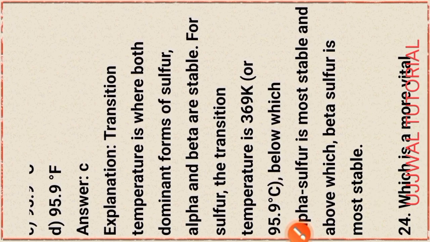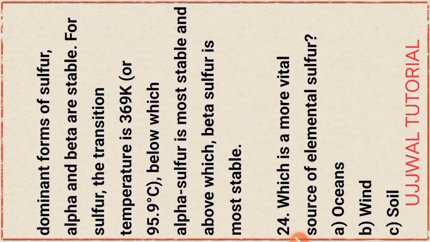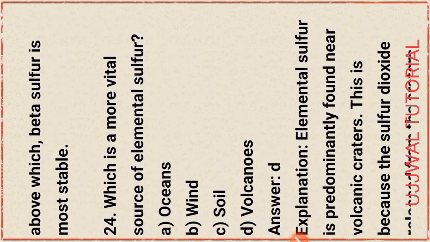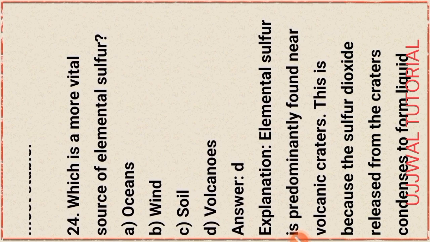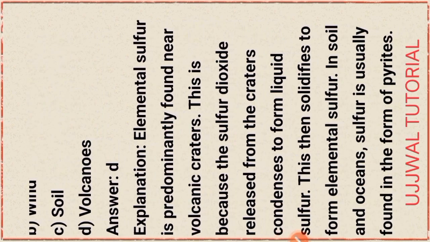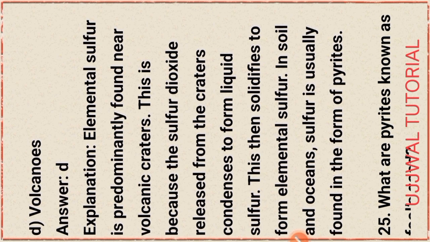Next, another question based on sulfur, question number 24. Which is the more vital source of elemental sulfur? Option D, volcanoes. Elemental sulfur is predominantly found near volcanic craters, because of sulfur dioxide released from the crater condensing to form liquid sulfur.